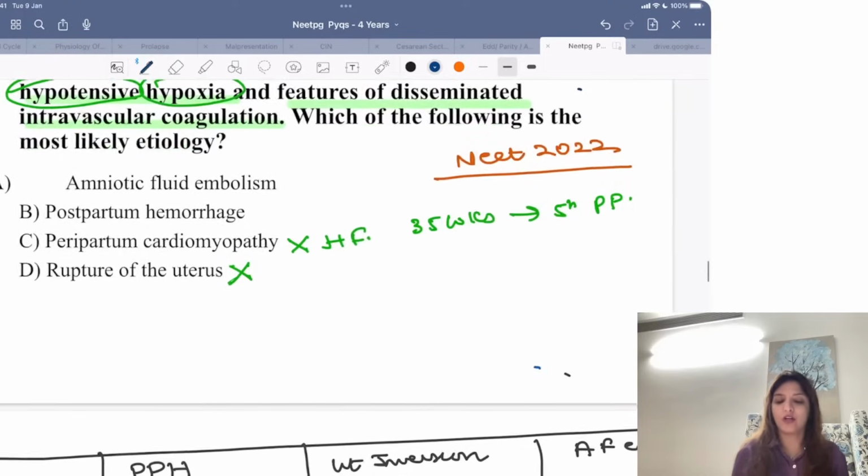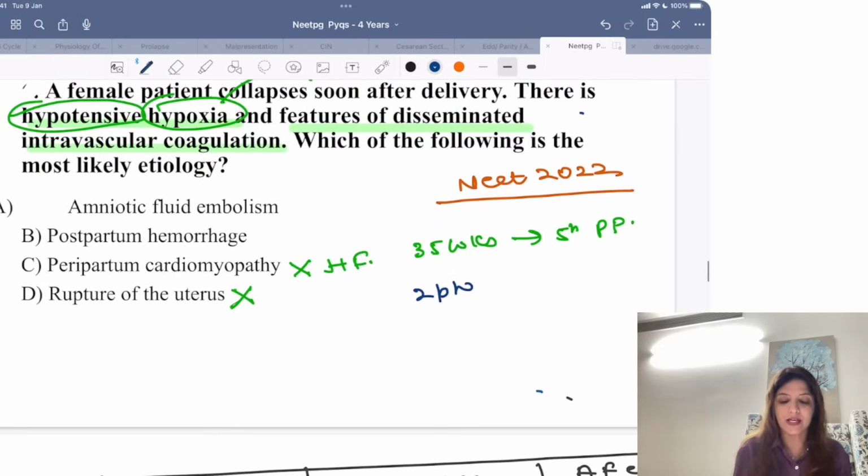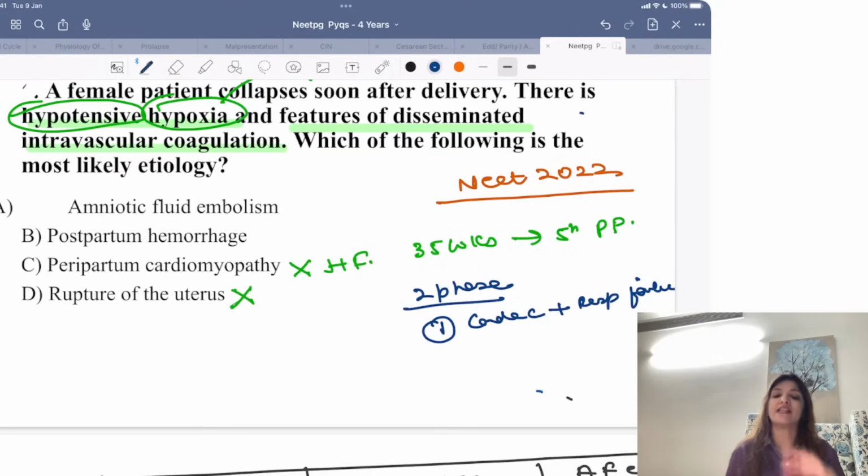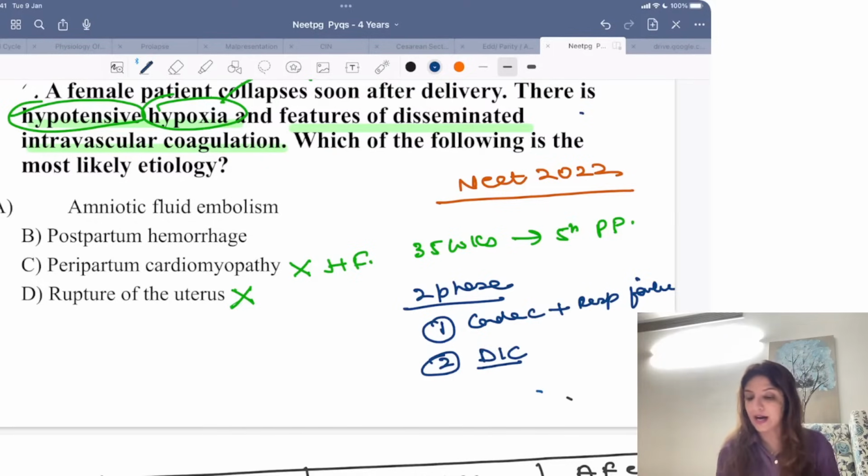In case of amniotic fluid embolism, the disease happens in two phases. Number one, in the first phase, the patient has cardiac plus respiratory failure, what they have given us as hypotensive hypoxia. And if the patient survives this first phase, then in the second phase, she is going to have DIC.